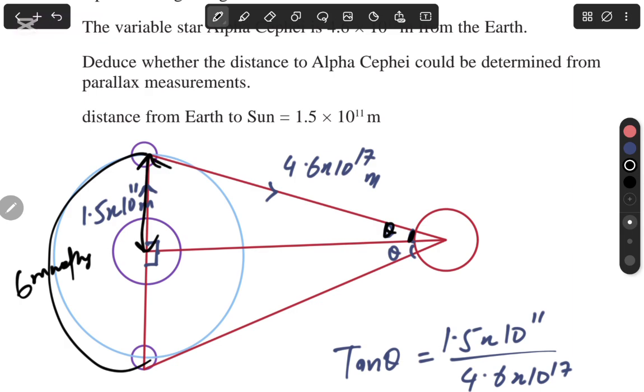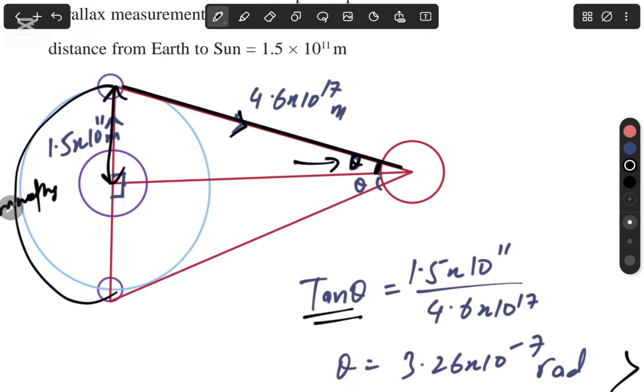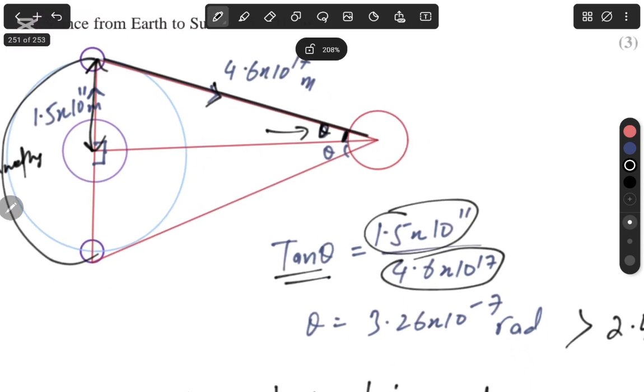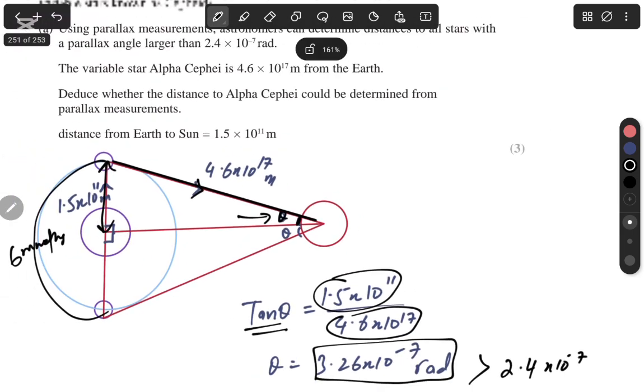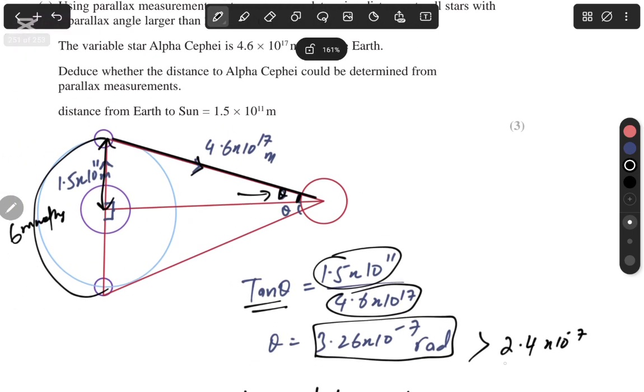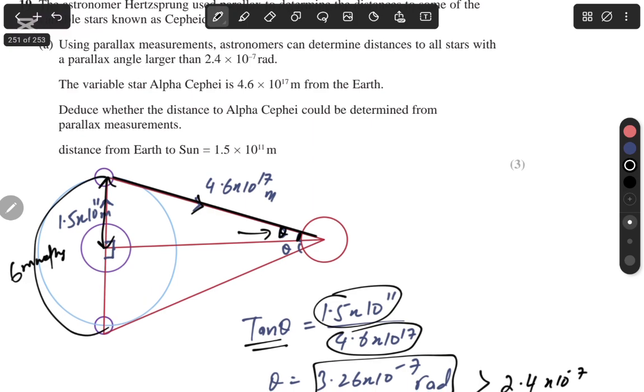What they've given you is the distance between Earth and the star as well, and they just want you to find this theta. So I can just say tan theta equals the distance from Earth to the sun over the distance from Earth to the star. And I can find theta as this value, which is obviously much bigger than this value.